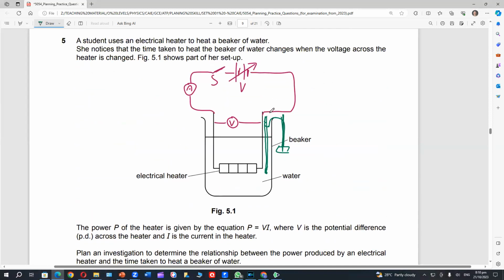So it wants me to put a stop clock also, so I will attach it like this.